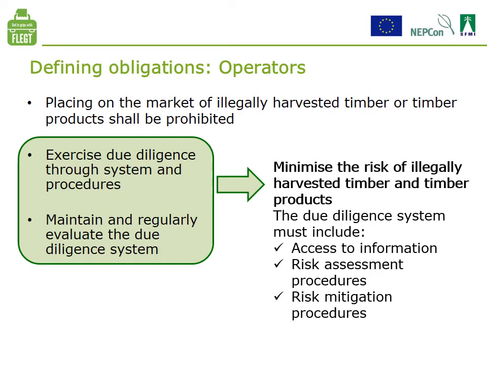These are access to information, procedures for assessing the risk of illegal material, and procedures for mitigating any risk that is identified in the risk assessment. We will go through the due diligence requirements in more detail later in the presentation. Finally, operators must maintain records of their supplies and respective due diligence activities for 5 years.